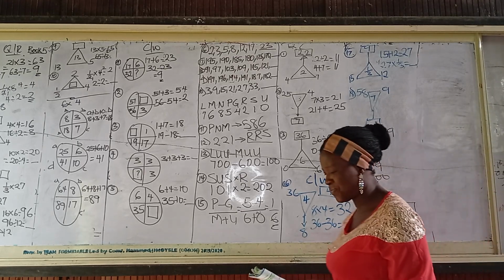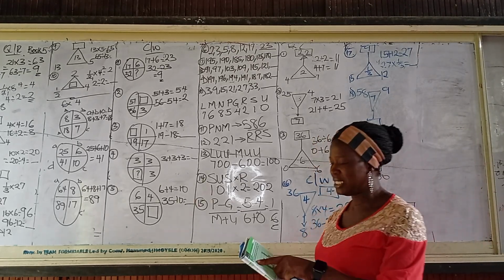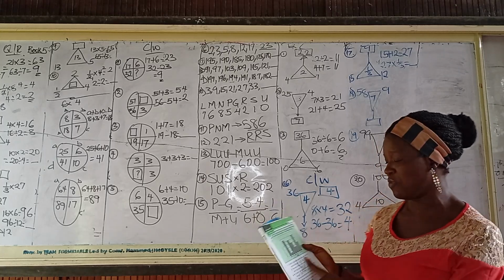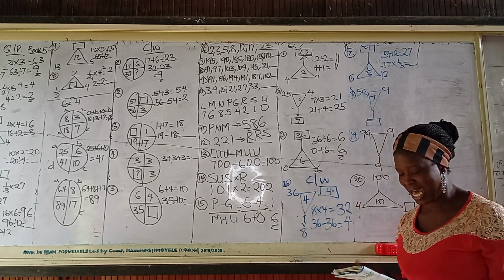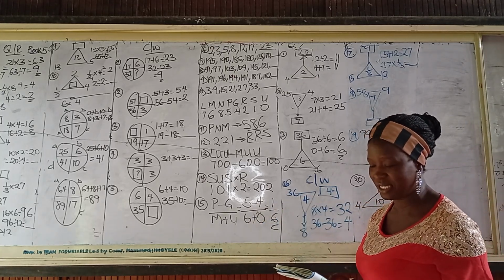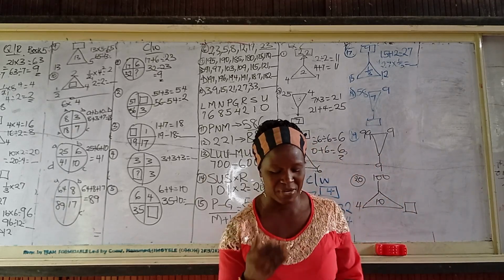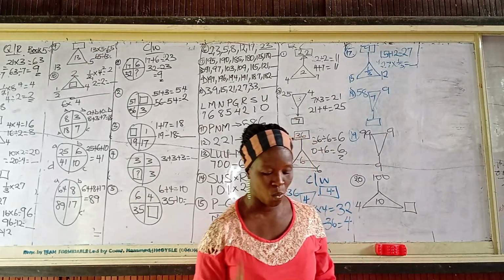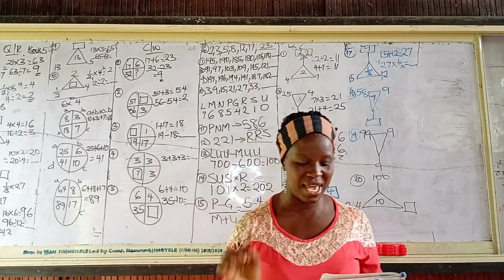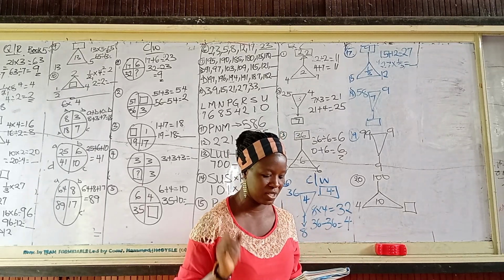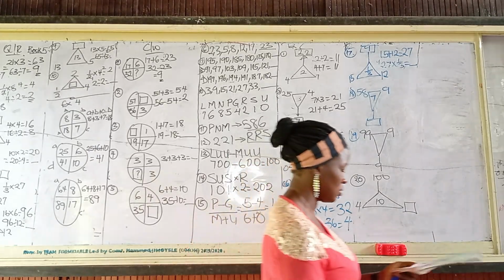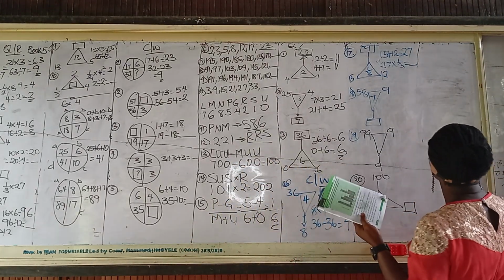So for our exercise 5, it is a bar chart which I know you must be very familiar with. And the question we are given here is, on Monday we have 9, on Tuesday we have 1, on Wednesday we have 8, on Thursday we have 6. Okay, let me write it out to make it easy for us to do.